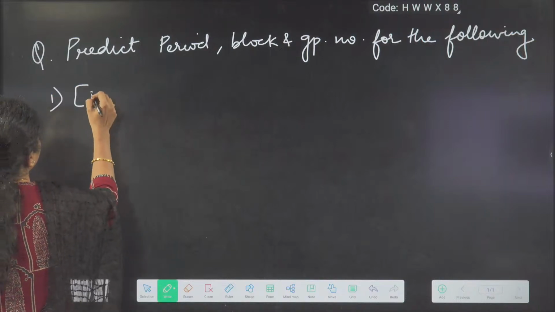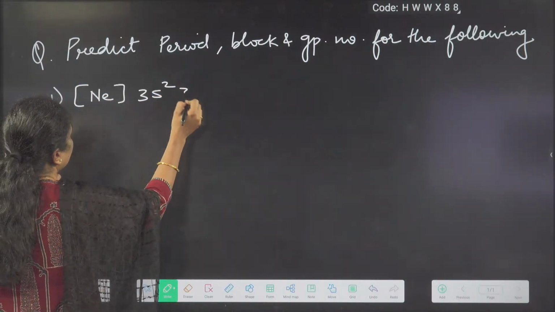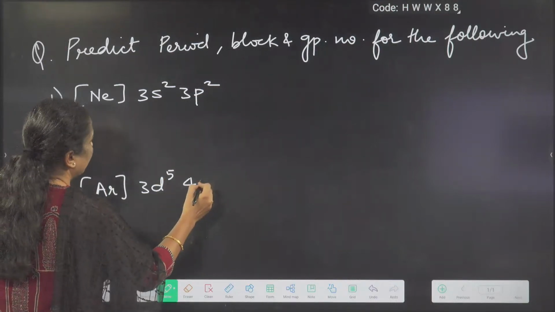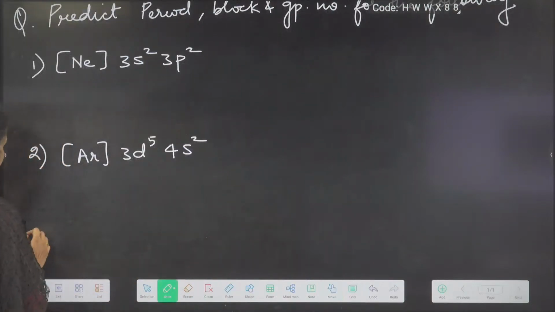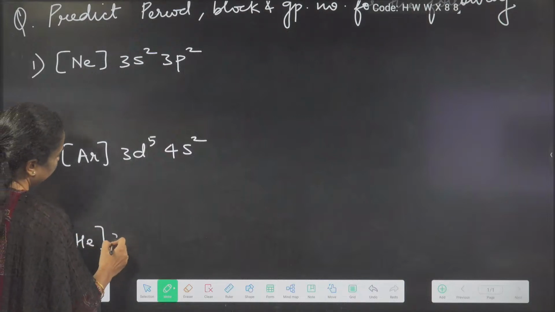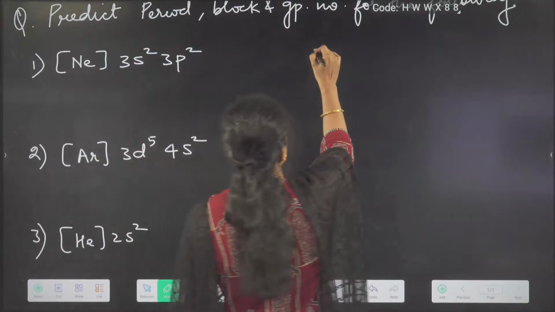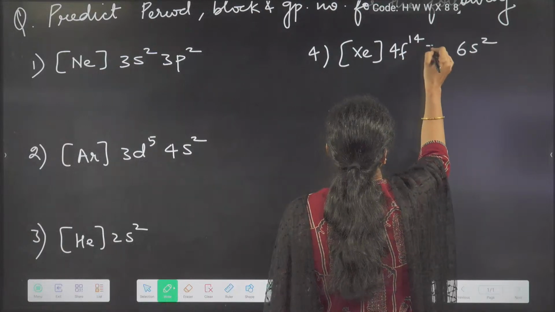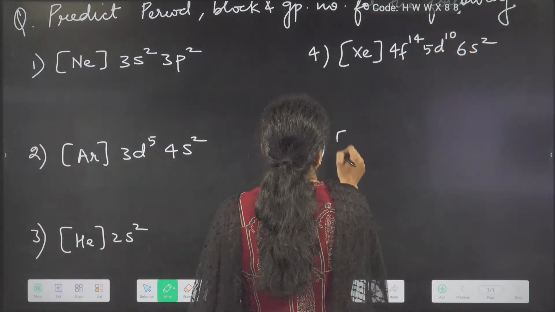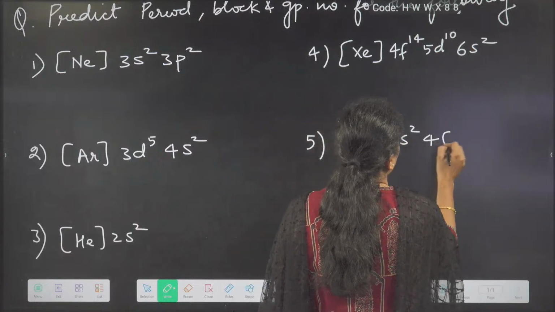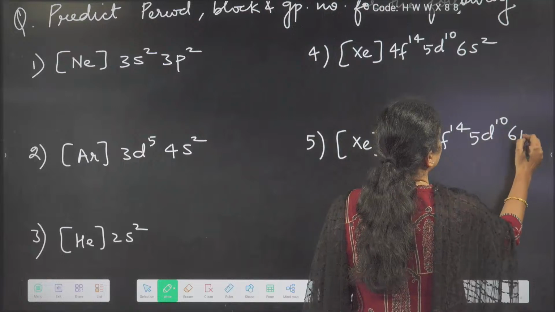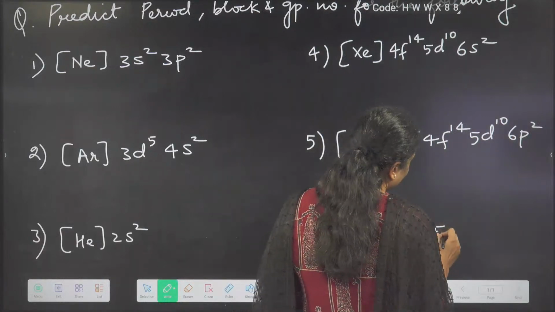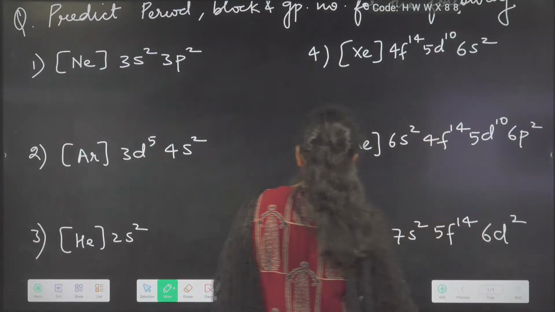So I'm writing here: neon 3s2 3p2, argon 3d5 4s2, helium 2s2, xenon 6s2, then xenon 6s2 4f14, radon 7s2 5f14 6d2.